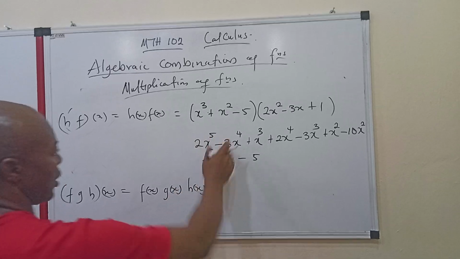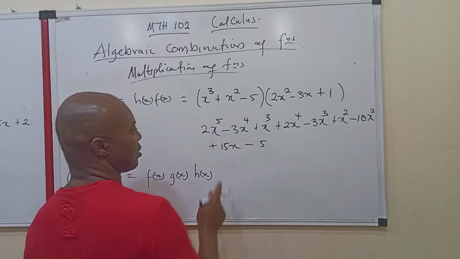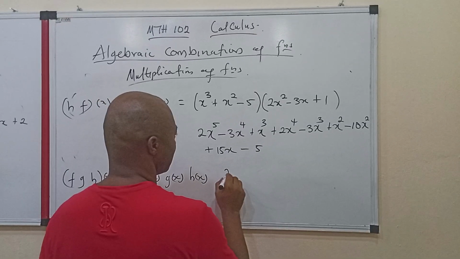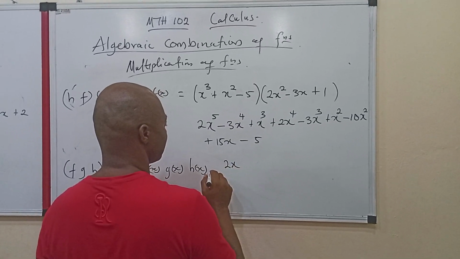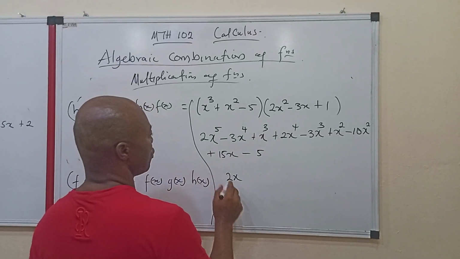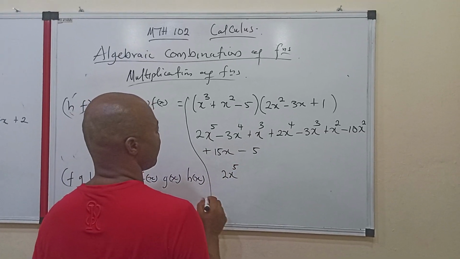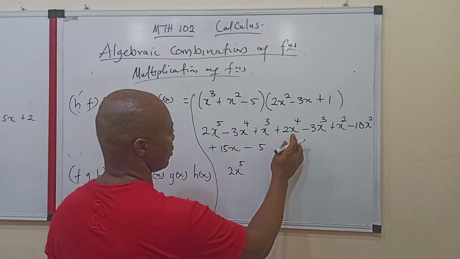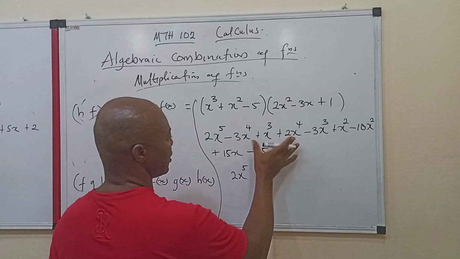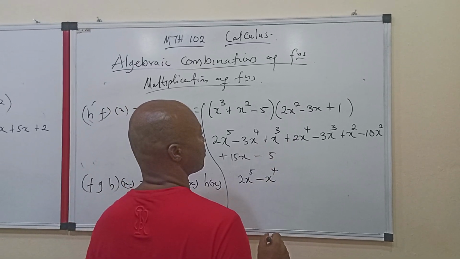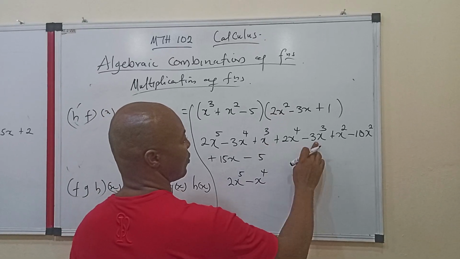Now, if you collect like terms here, starting with the highest power we have, we have 2x raised to the power 5, followed by this one raised to the power 4, we have another x raised to the power 4. If you combine these two, you are going to have minus x raised to the power 4. We have this here, we have this here.